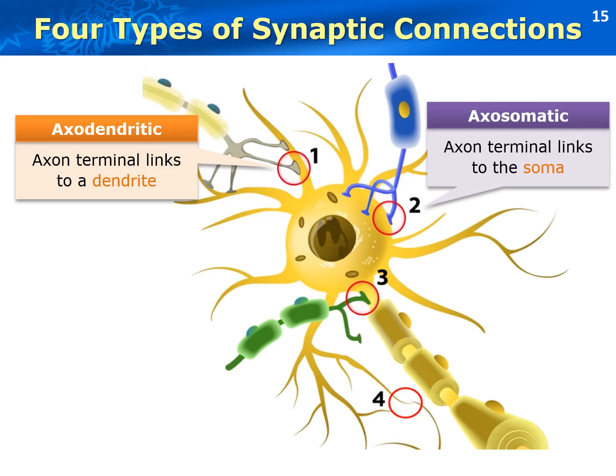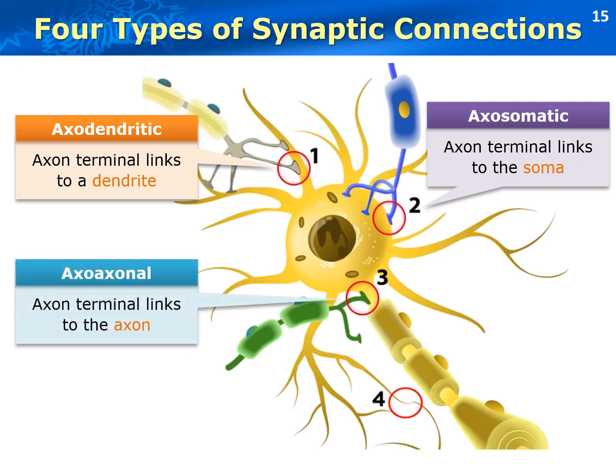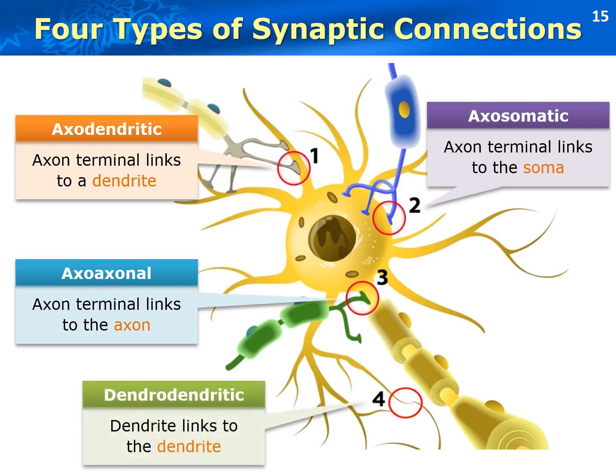These are the 2 most common situations. There are also 2 other cases. One is axo-axonal synapses, which refers to the axon terminal connecting to the axon. The other is dendrodendritic synapses, which refers to the link from dendrite to dendrite.